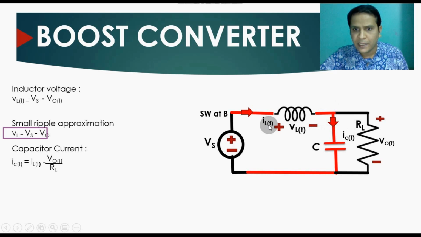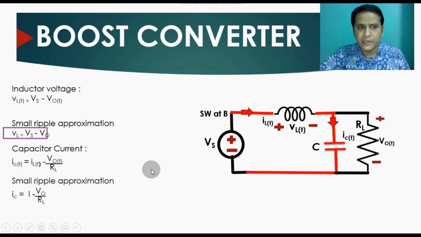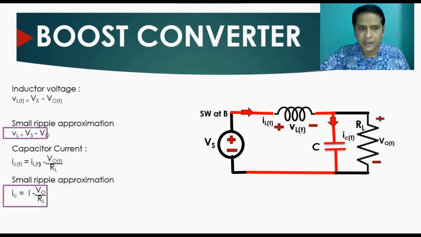IC(t) equals IL(t), that means inductor current, minus VO divided by RL, that is the output or load current, with the polarity plus here and minus here as marked. If you do small ripple approximation for your capacitor current, IC equals I minus VO divided by RL, right?